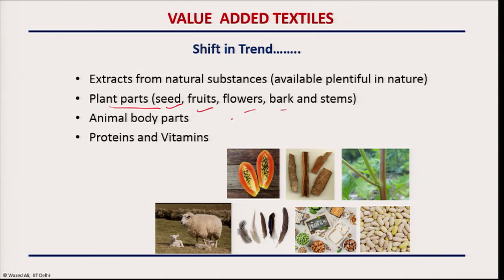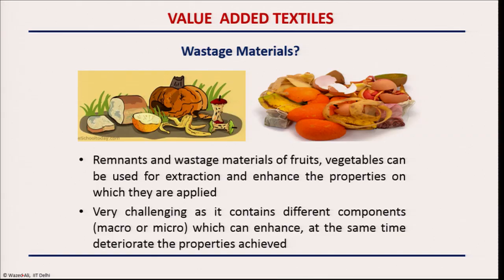Animal body parts can also be used for value addition in textile. Then we can have proteins and vitamins, because all the natural materials, starting from fruits, vegetables, leaves, stems of a plant, and animals, are very rich in different kinds of minerals, sometimes tannin-type material, sometimes polyphenolics, and those compounds have various functional properties which can be explored on the textile material.